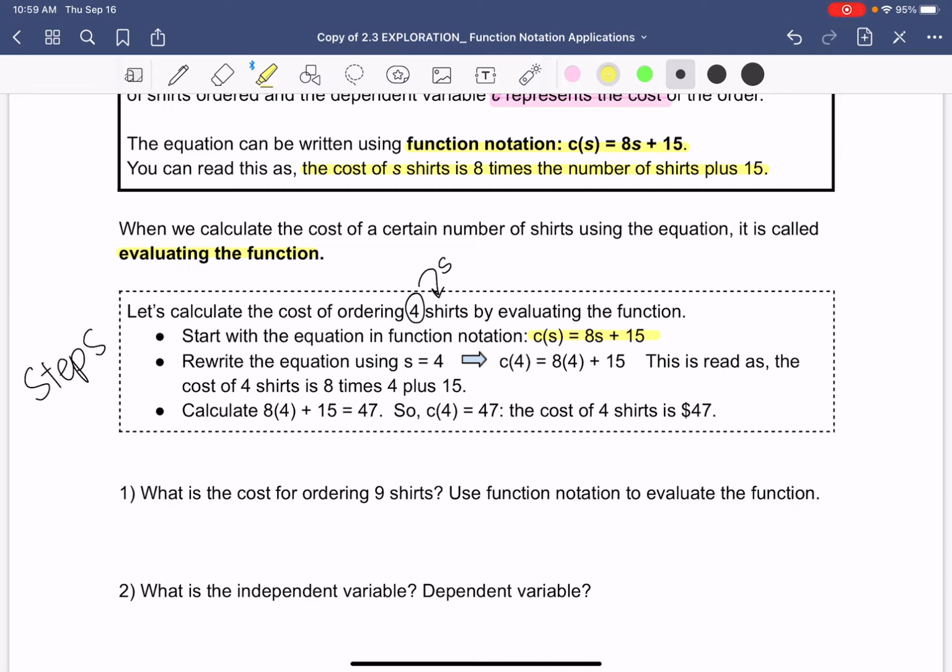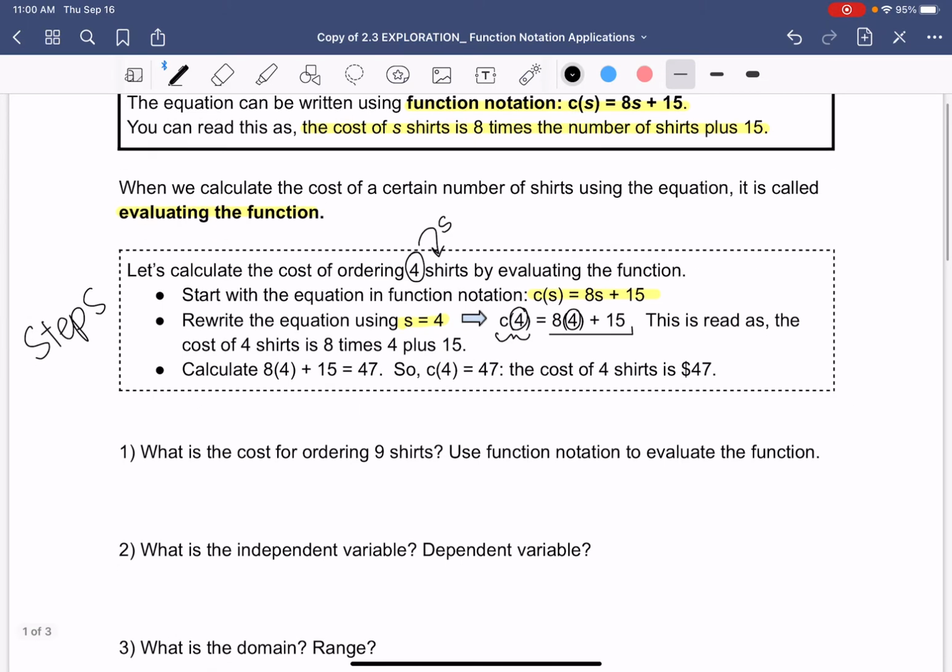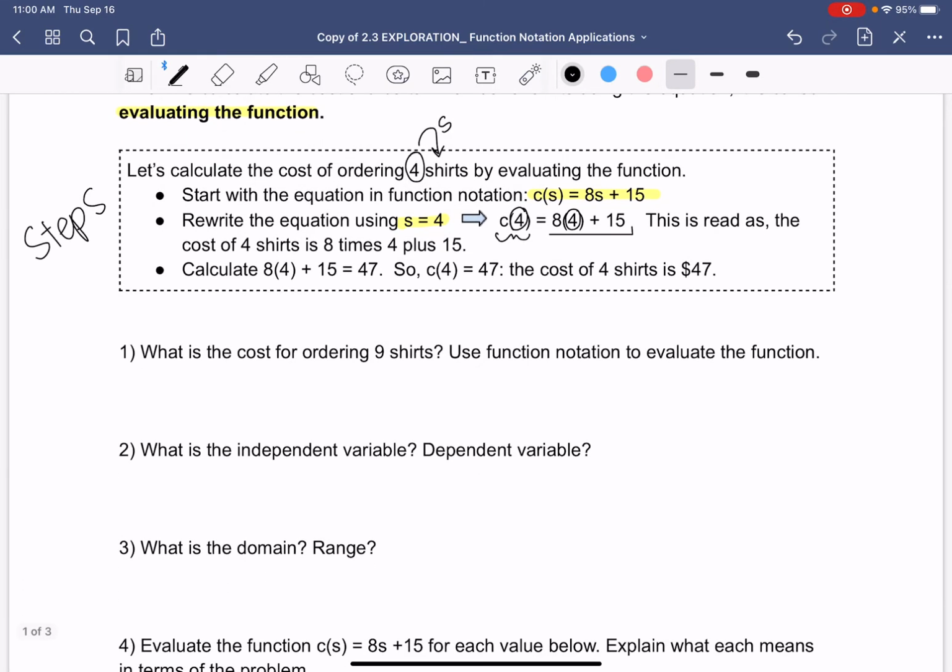We'll rewrite the equation using S equals 4 and plug in 4 for S wherever there's an S. So this can be read as the cost of 4 shirts equals 8 times 4 plus 15. Then you calculate 8 times 4 plus 15 and you get 47. So the cost of 4 equals 47, which is exactly what you would explain.